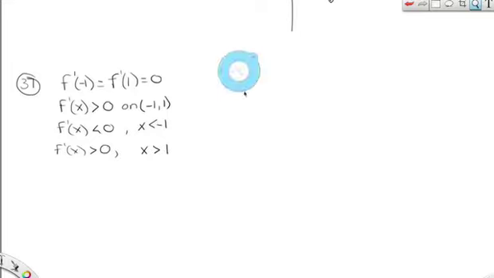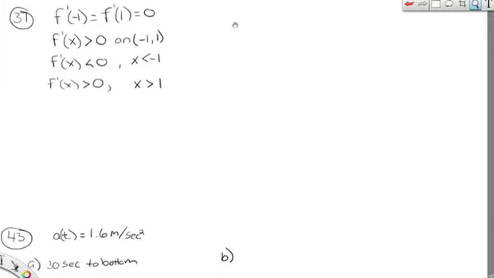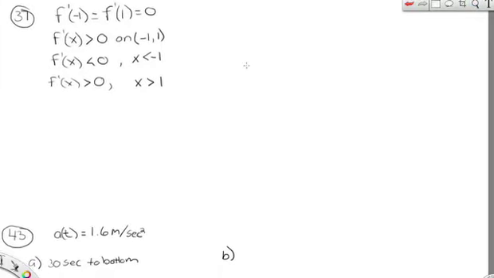37 is a similar question. So let's take a look at this one. Alright, it says the derivative at -1 is the same as the derivative at 1, which is 0. So again, we have horizontal tangent lines at 1 and -1. At least right now, we don't know the y values to go with it.